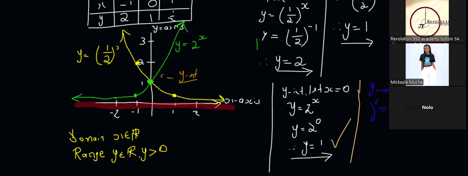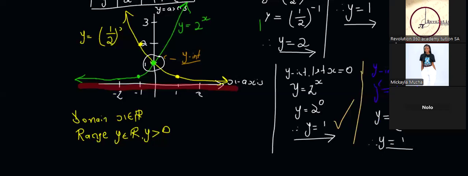Do you see? Why? Because these two graphs, they meet at 1. It means to say, for this equation, even if you want the y-intercept, you're going to get the very same y-intercept as using the second equation. All these answers, they're going to be the same because these two graphs, they meet at 1. So there's no way you can get a y-intercept not of 1 in this kind of scenario.